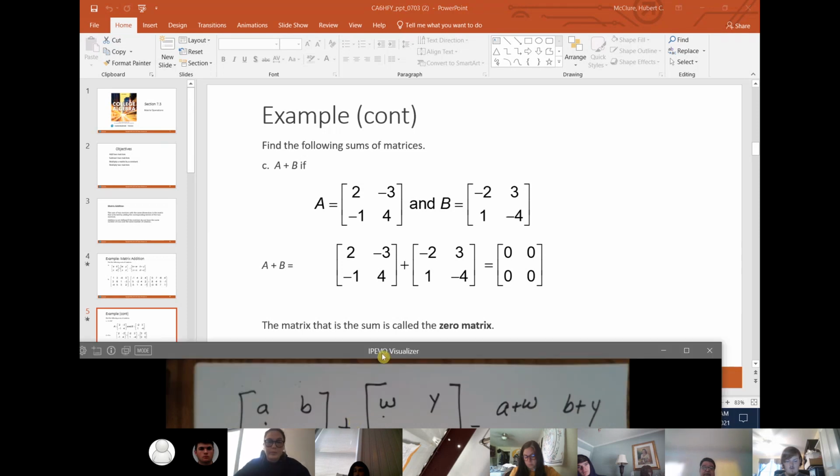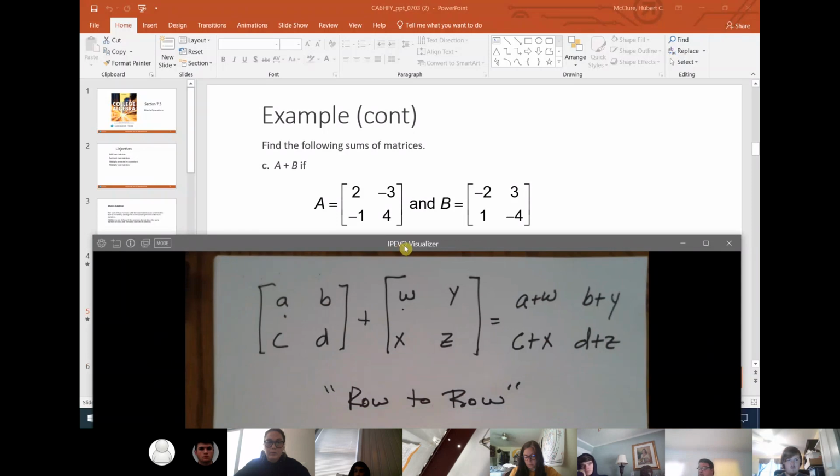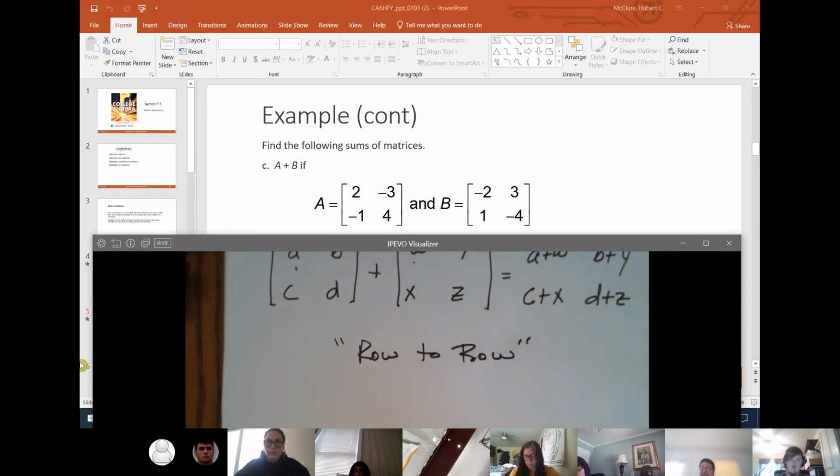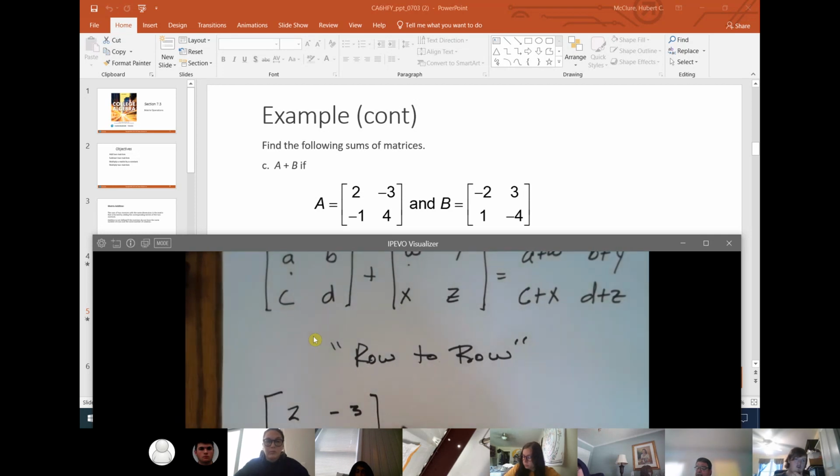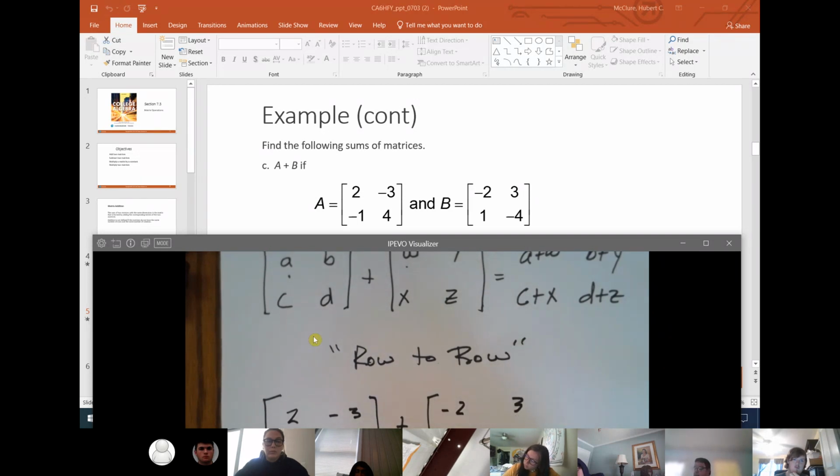So let's do this one as an example, because I don't want to spend a lot of time on adding and subtracting. 2, -3, -1, and 4, plus -2, 3, 1, and -4.